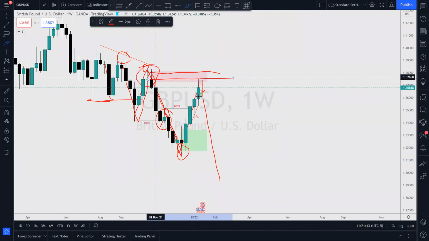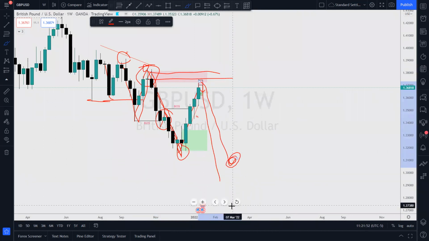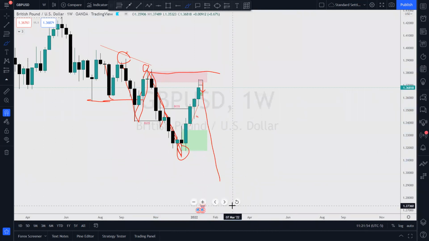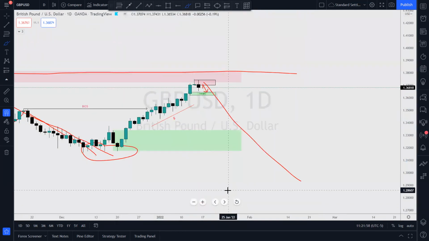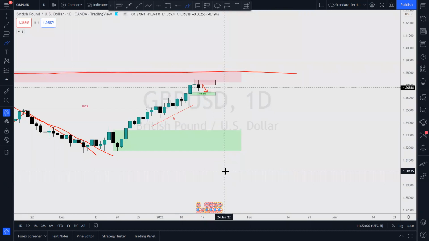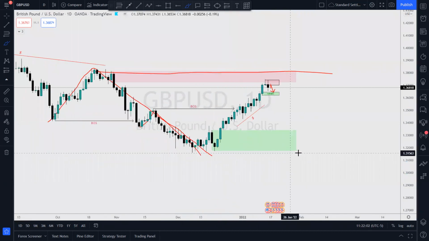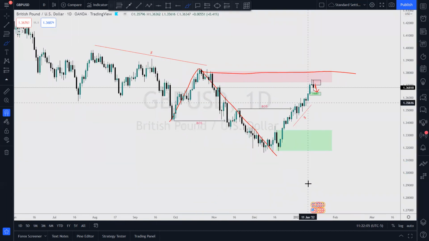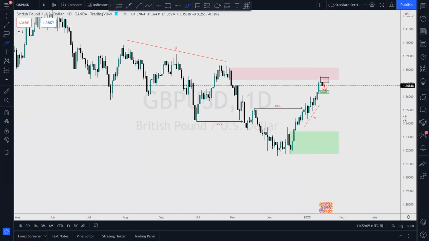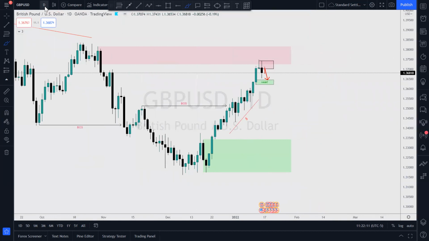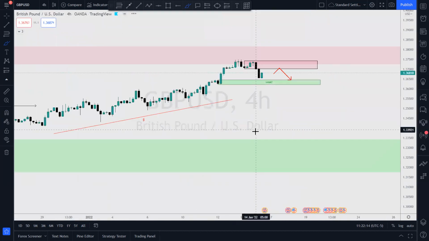If we don't break this low, we're still bearish, and I would still look for the higher time frame target, the intention to make a lower low. That is my directional bias, and it is based on the higher time frame intention. I hope that I made that pretty clear.